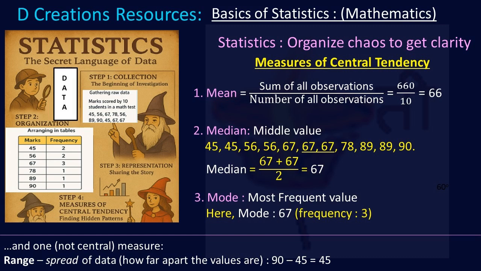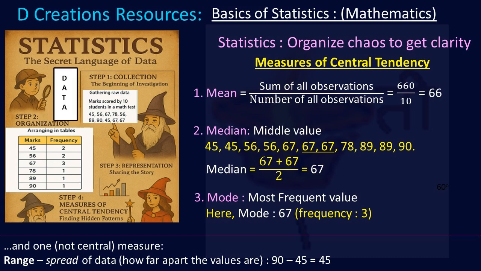After doing that, we understood what is measure of central tendency, and then we determined the three measures: mean, median, and mode. Mean is just sum divided by the total number, which in this case came out to be 66.